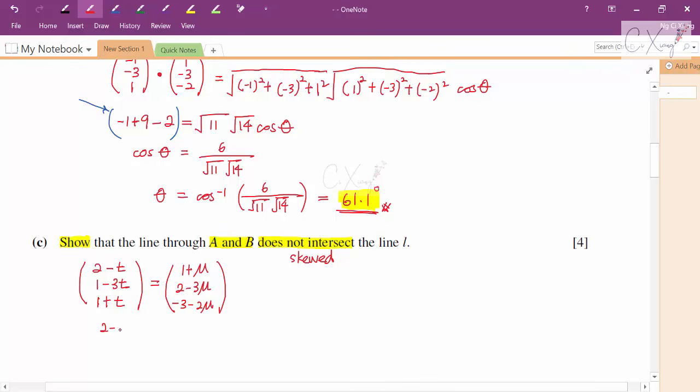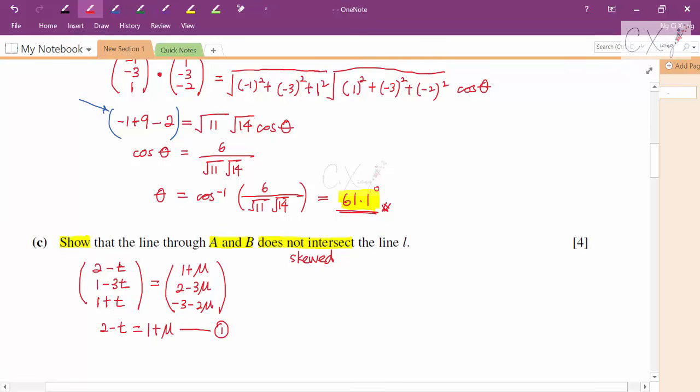The first equation is 2 minus t equals 1 plus mu, from the x dimension. The second equation is 1 minus 3t equals 2 minus 3 mu. The third equation is 1 plus t equals -3 minus 2 mu.